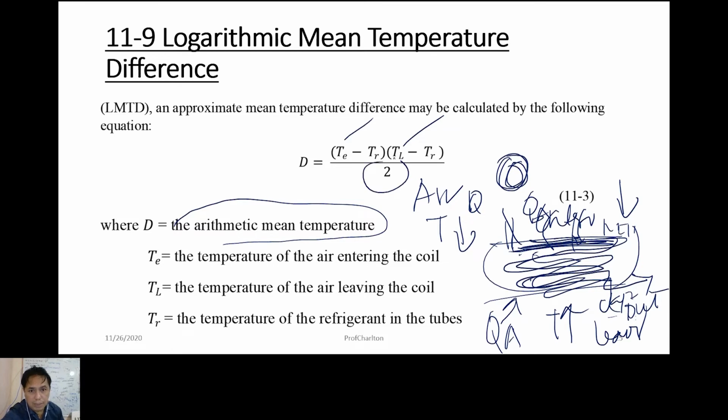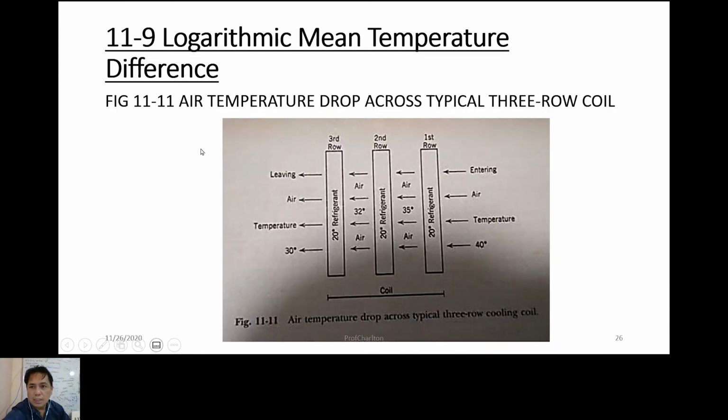Mean means average. So there are two data involved here: one is the outside air and the other is the inside refrigerant. So to get the mean, it is divided by 2. Okay? Now there are others here, depending on the rows.